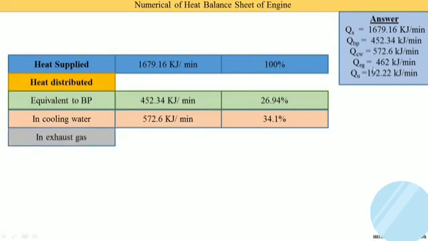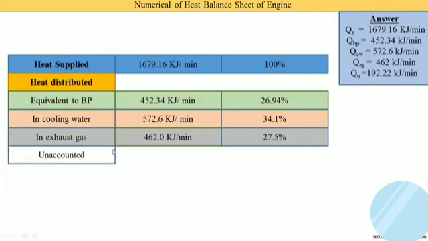In exhaust gas it is 462. So 462 divided by 1679.16 gives 27.5, meaning out of 100, 27.5% energy goes to the exhaust. And the last one is the unaccounted. Unaccounted is 192.22, divided by 1679.16 into 100, then we get the percentage 11.46.